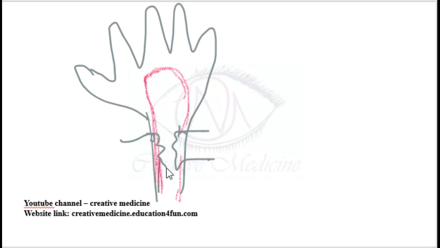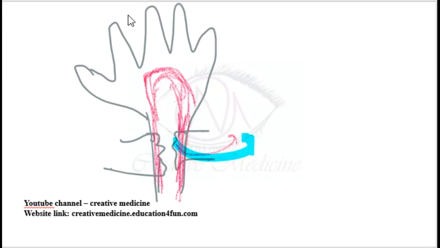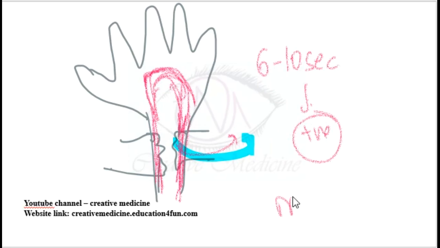Then you should release the ulnar artery. Once you release the ulnar artery, if the color of the hand returns to normal in 6 to 10 seconds, then modified Allen's test is positive. If this does not return to normal in 10 seconds, then modified Allen's test is negative.